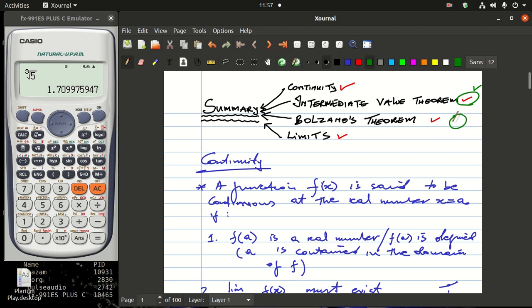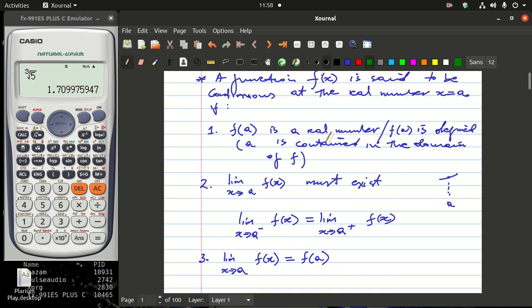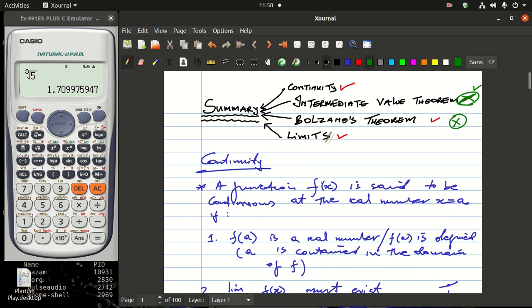So for those particular reasons, you are not examined on those. The most important thing is continuity and limits. And when it comes to the precise definition of a limit, you are not examined on that. It's only pure mathematicians that are examined on that.